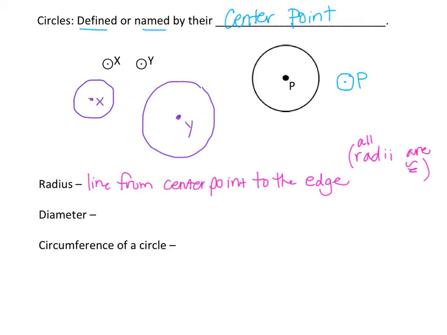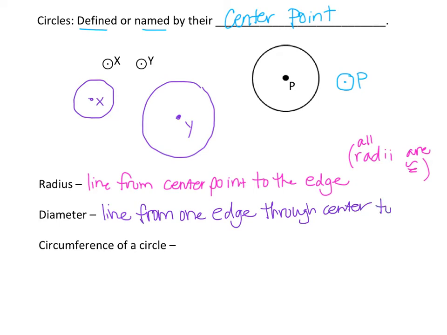All right, next we have diameter. So what's the diameter? Diameter is going to be the line. Now it's not the radius, so it's not starting at the center and just going to the edge. It's basically the line that goes from one edge to the other edge, but it does have to pass through the center of your circle. So it's the line from one edge through the center to the opposite edge.